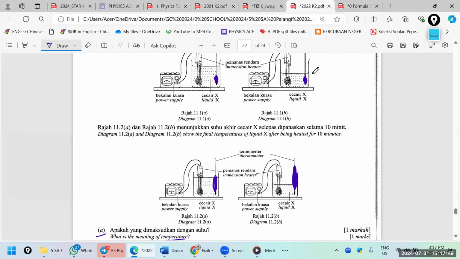I'll photostat this for you. Sorry. I'll modify a bit and give you. Okay, overall, very good.